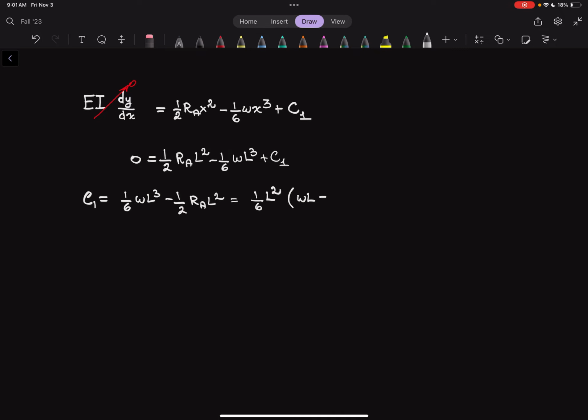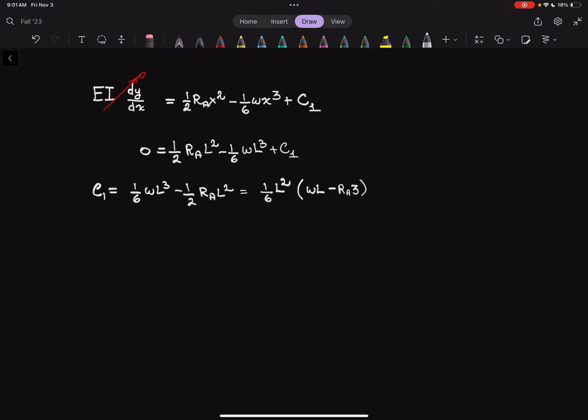Sorry, it's not exactly like that. RA times 3. So let me check. If I multiply back out, seems like it's gonna work. Okay, so that's my C1.